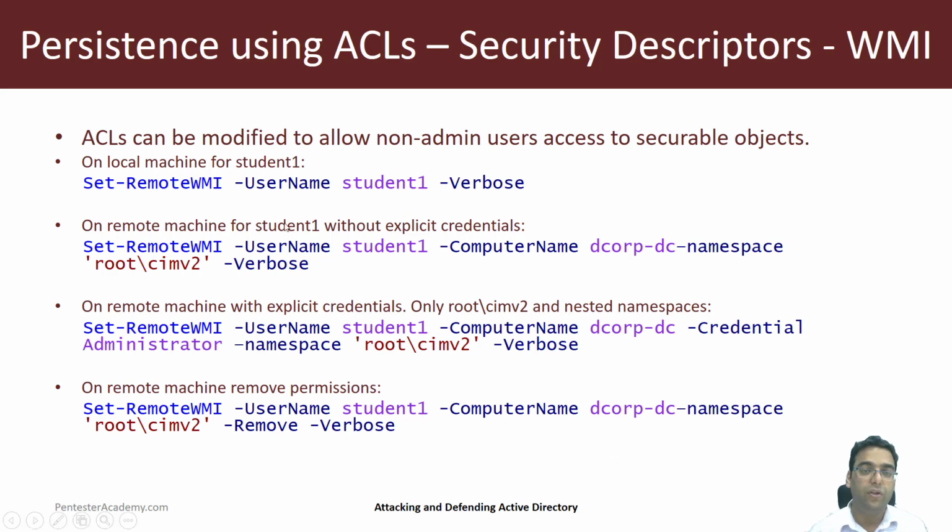Once again, please keep in mind that to be able to use this with the domain controller, we must run the script as the domain administrator, right? Once again, we are still in the persistence part. So we run this initially with the DA privileges, and then we use DA privileges to provide the user access to WMI on the domain controller. And then we use those users' privileges to execute commands onto the domain controller without even being admin there.